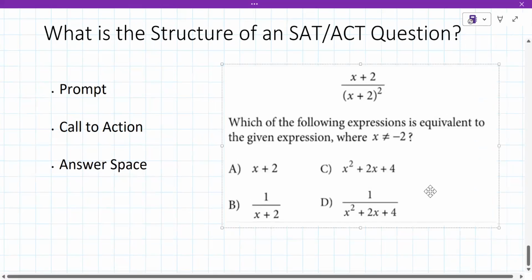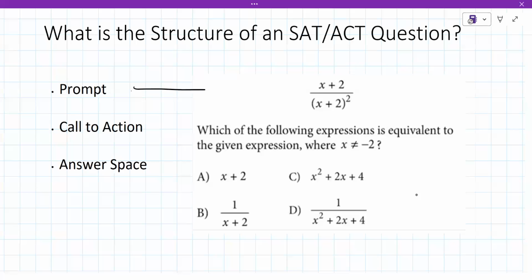The prompt is this thing at the top here, which could be an equation, a table, a graph, nothing, or words. The call to action is the actual thing you're supposed to read to know what to do. It calls you to action. It tells you what's happening. It's like, what do you want me to do? And the answer space is either multiple choice or free response.